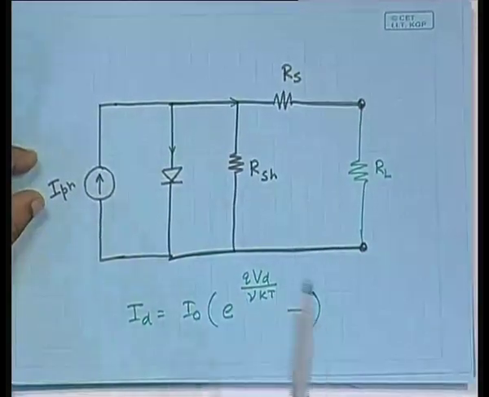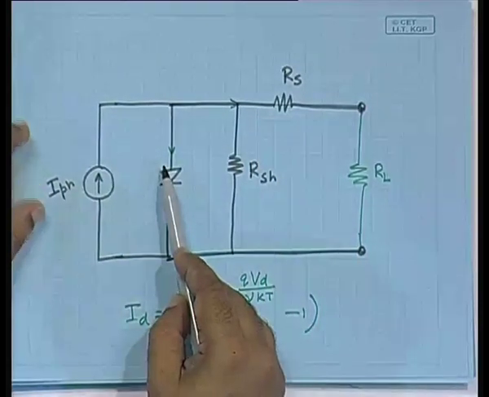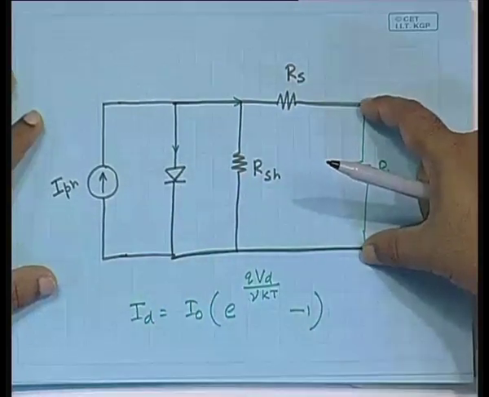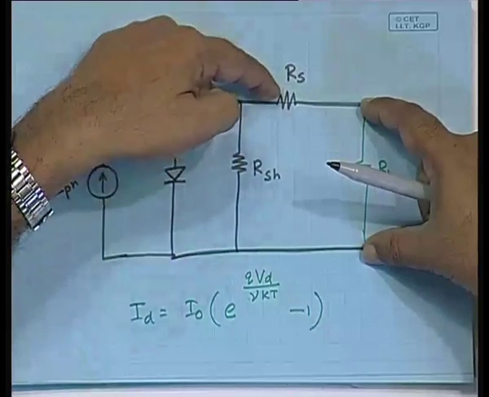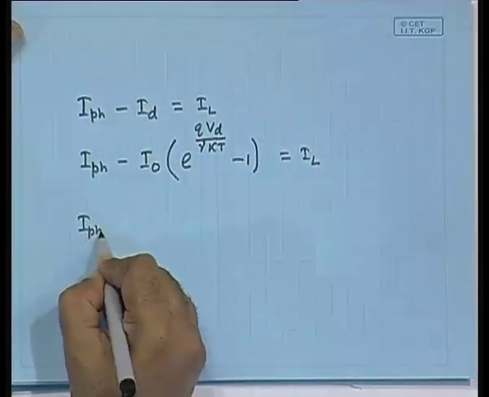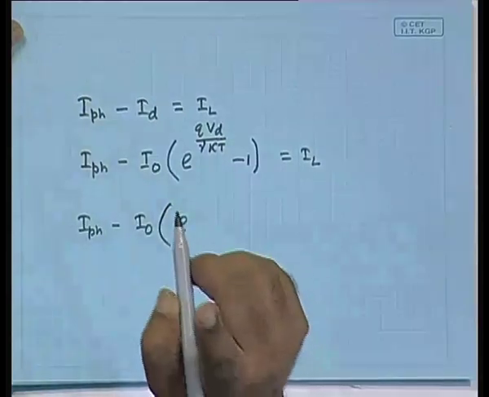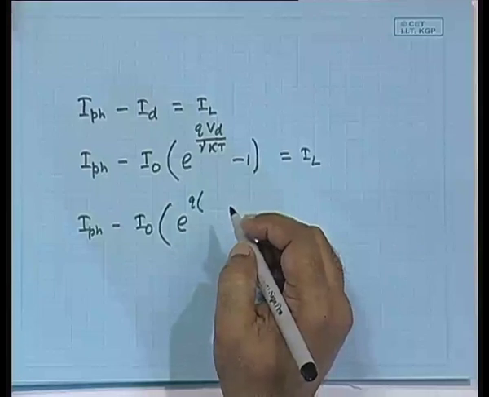So, let us see. Now, the VD is VL, that is the terminal voltage, load voltage, plus, yes. So, here we need to substitute IPH minus I naught e to the power, now wait, q, here we will substitute, what will it be?